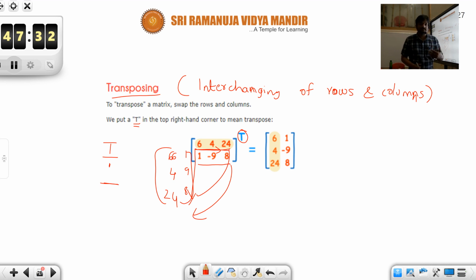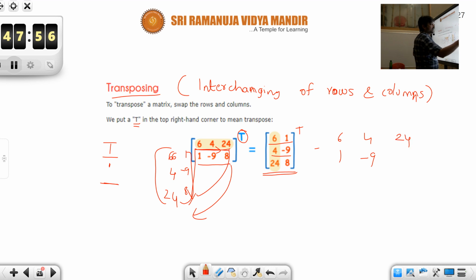So what does transposing mean? Interchanging rows with columns and columns with rows. Let us find the transpose of this. Interchange rows with columns and columns with rows. So this row will become 6 1. Just bring it down, 4 minus 9.